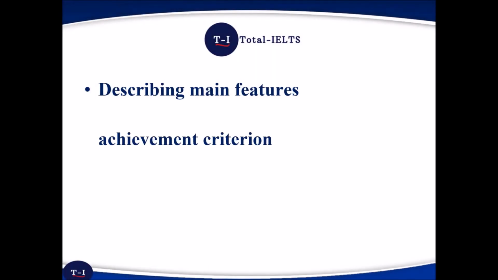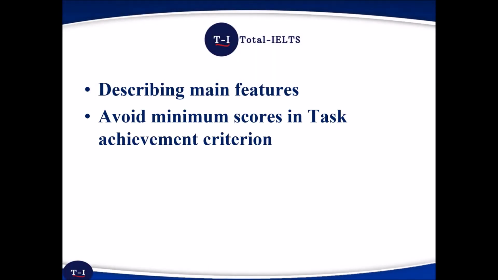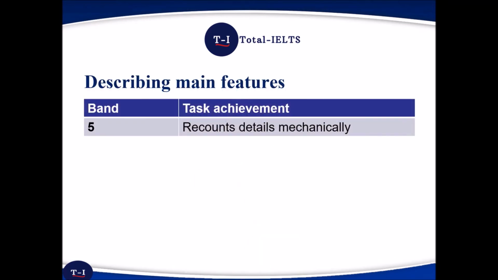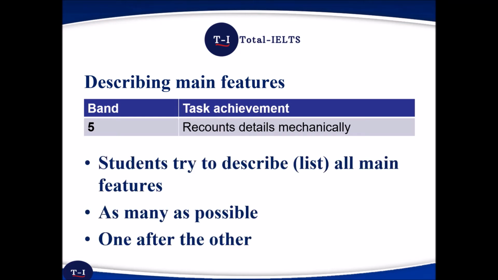When describing the main features, it's important to avoid minimum scores in the task achievement criterion. You will be awarded a band 5 if you recount details mechanically. This means students try to describe or list all the main features in the diagram, or as many as possible, one after the other.